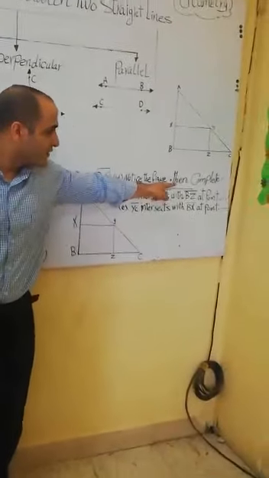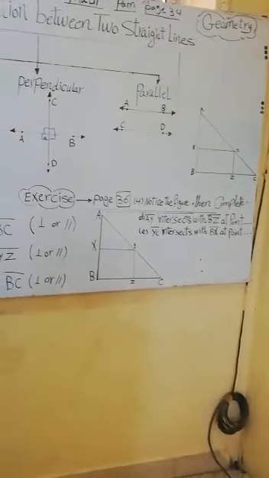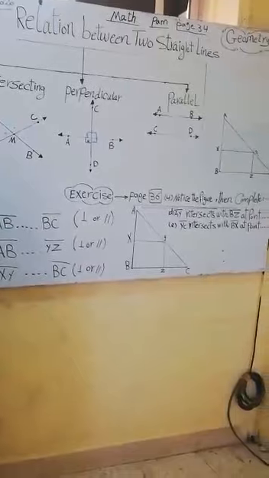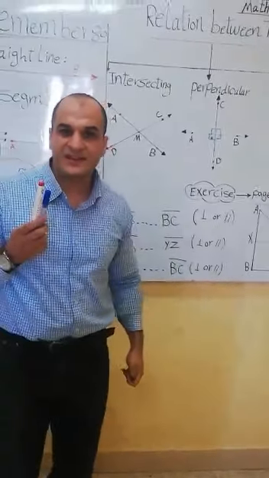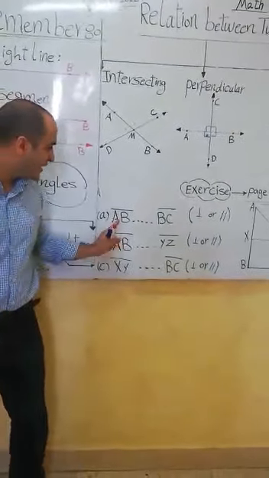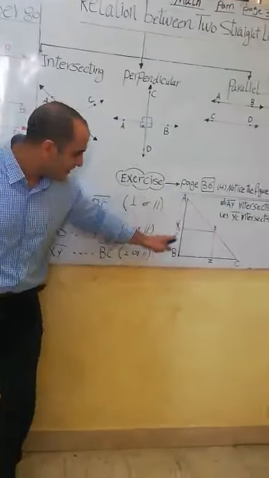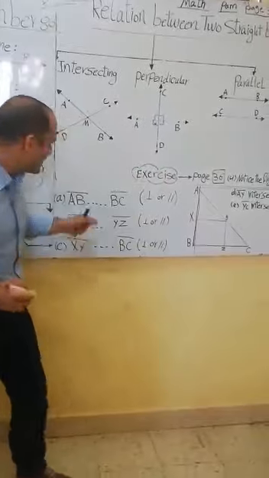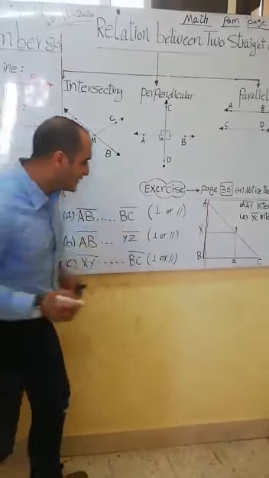Notice the figure, then complete. In this exercise, you should have two different colored pens. AB. Where is the AB? This. And BC. Where is the BC?